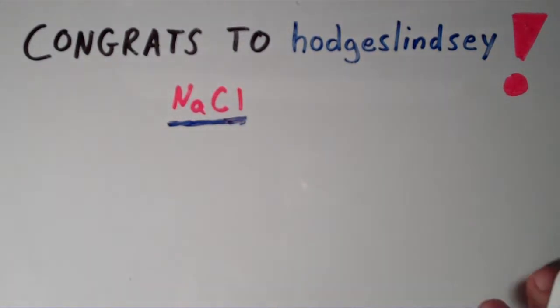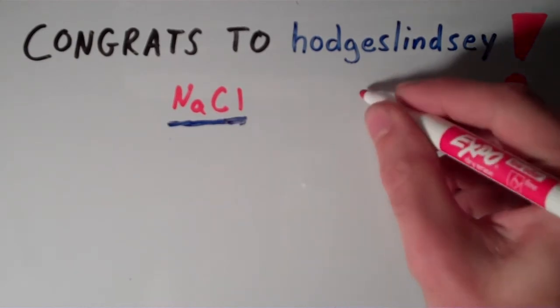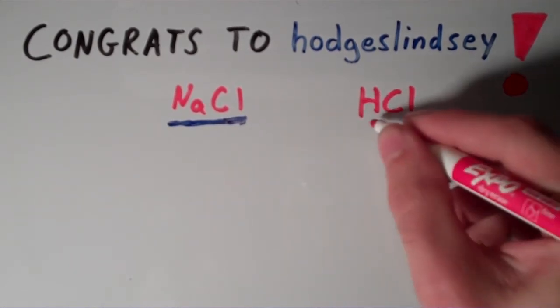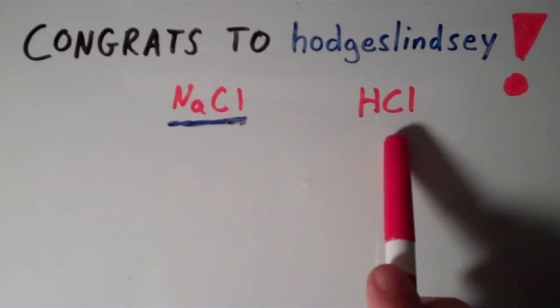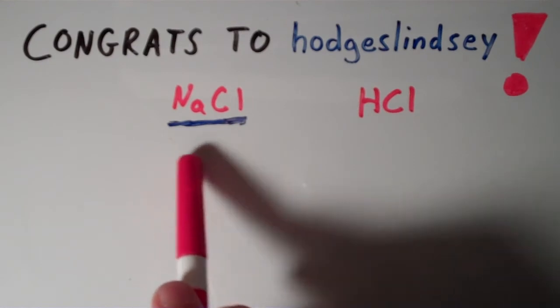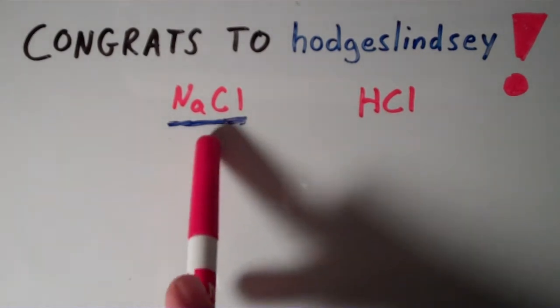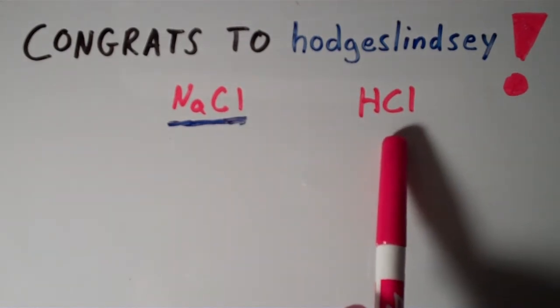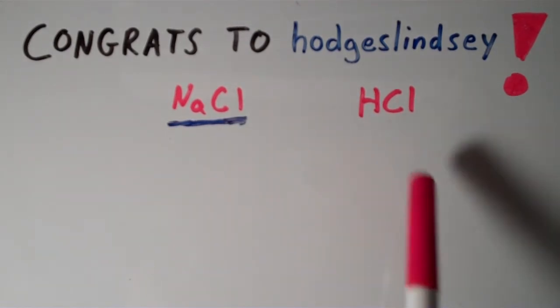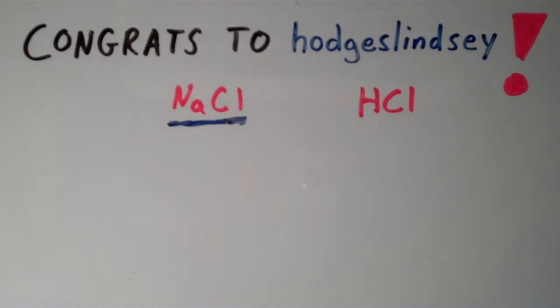So let's compare the ionic compound sodium chloride to the molecular compound hydrogen chloride, HCl. Notice that in HCl we have just nonmetals, and in NaCl we have a metal and a nonmetal. So NaCl is an ionic compound, and HCl is a molecular compound. If we were to look at these at the atomic level and see what's going on, we'd see something that looks like this.